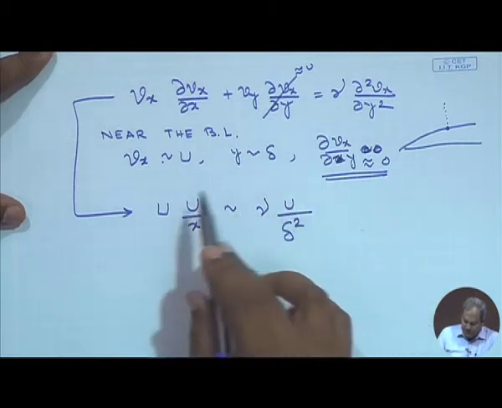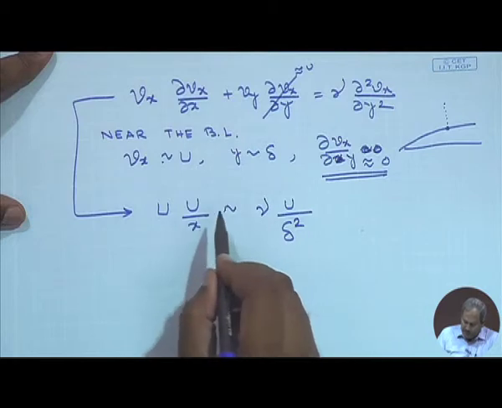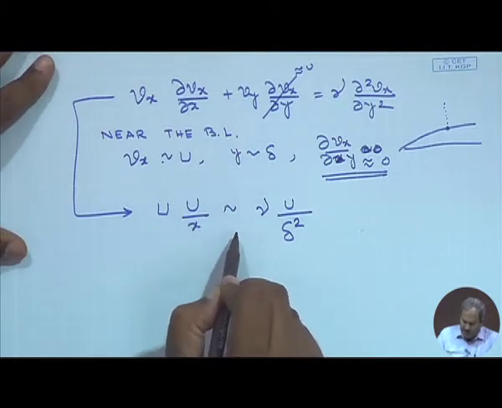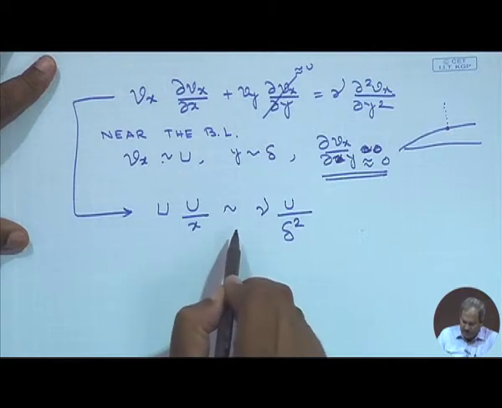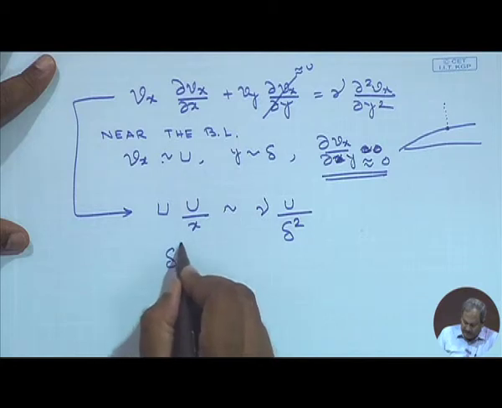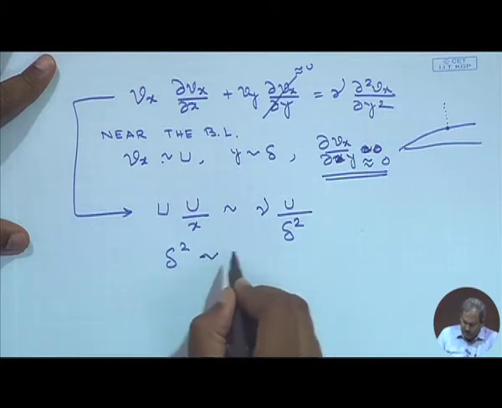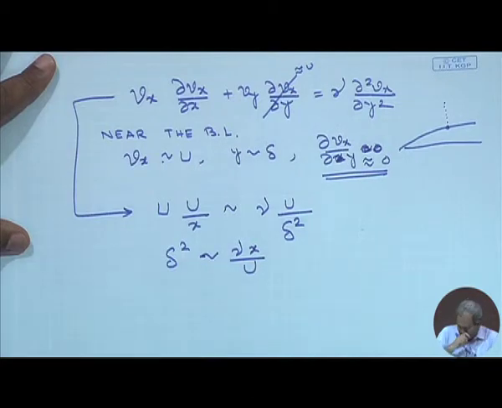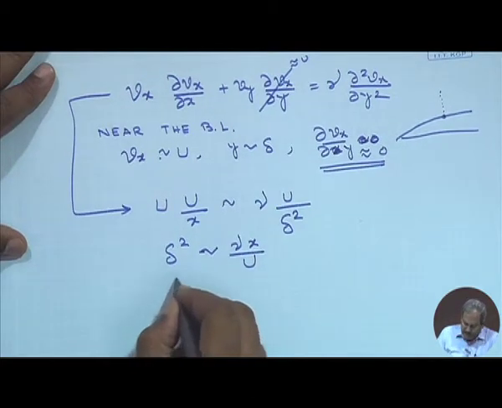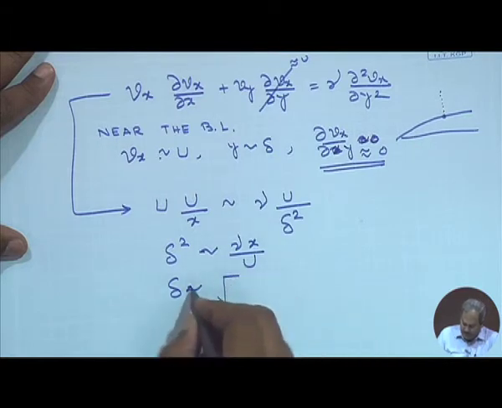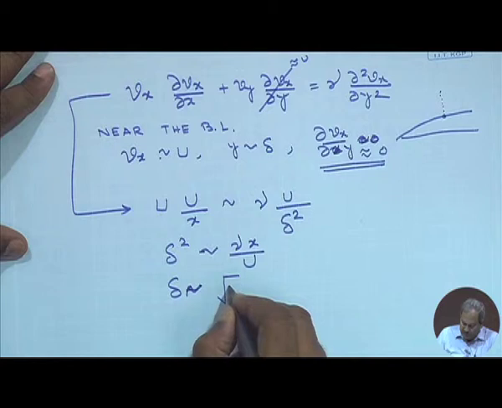So, the approximate relation you get, based on an order of magnitude analysis, a scaling parameter, is that delta square is equal to nu times x by u, and delta is approximately equal to root over nu x by u.